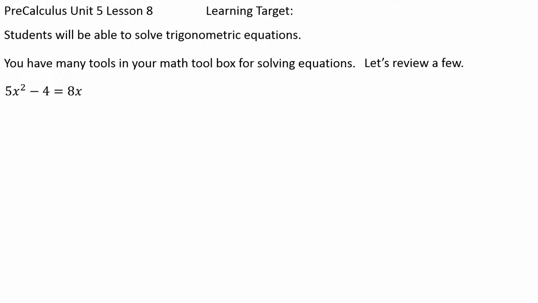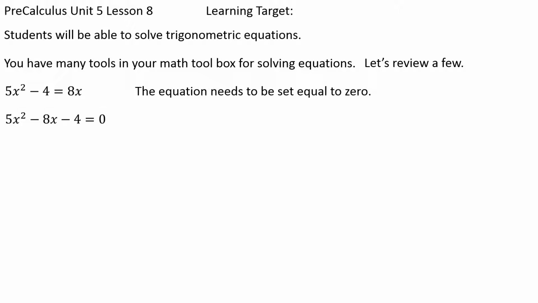Instead of isolating the variable and solving, I better set it equal to 0 and factor. So I subtract 8x from each side. I still have my 5x squared, then my negative 8x, I still have my minus 4, but now it's set equal to 0.